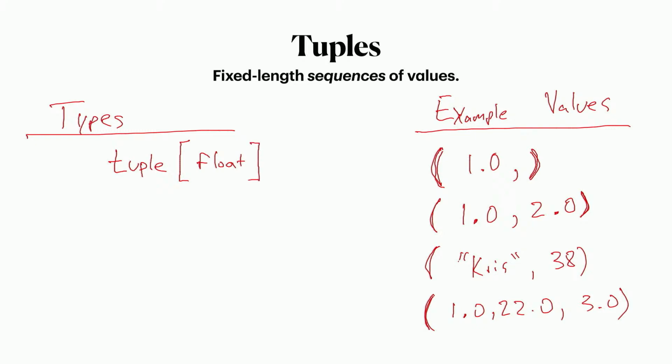Right? This is saying a tuple that has one float. As you can imagine, the type that you might write for the second is tuple float float. And this would specifically be any tuple value that has two floats in it. Right?